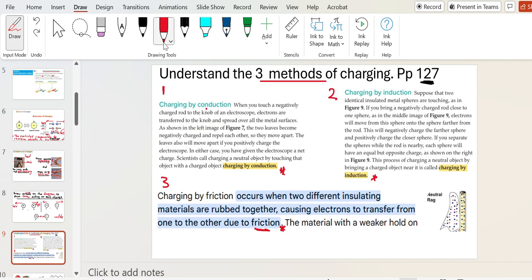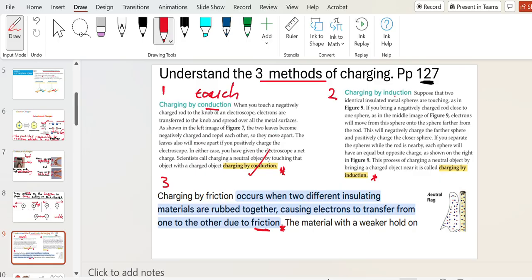Conduction means touch. You bring a charged object to touch the object which you are charging. So there is touching or there is conduct. Conduct means touching between the object and the charged object. That is charging by conduct.